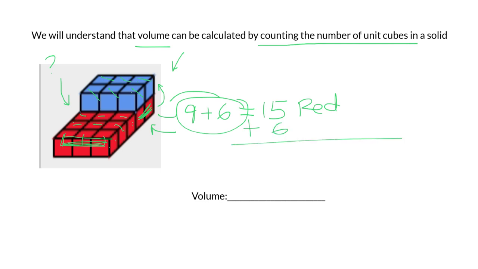And I see right here that I'm going to need to regroup, or you don't need to show a lot of work for this. This should be very easy mental math for most of you. And I see that my volume is 21 units cubed, or cubic units. This figure is made up of, or composed of, 21 cubic units.